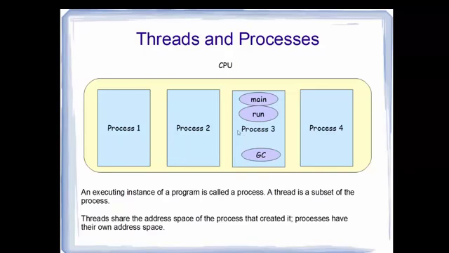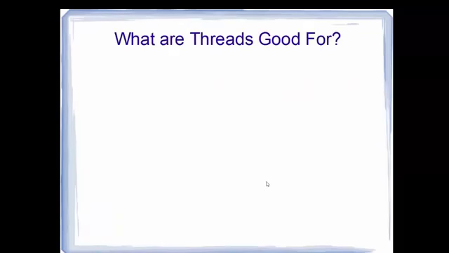But multiple threads share the address space of a process. So different threads in this process will share the address space of this process, right? So this is the difference between processes and threads.